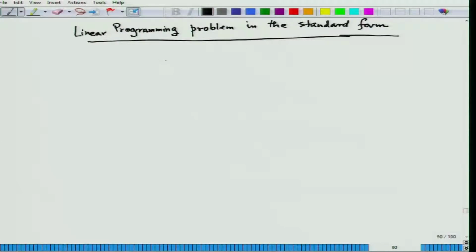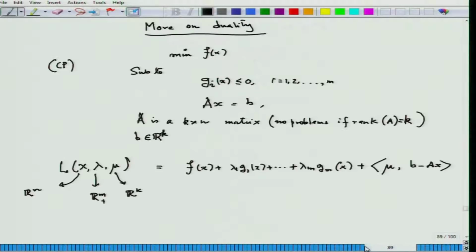Now, let us look at the linear programming problem in the standard form. If I want to write it more explicitly, like the form that I have written for CP, I should write in this form.